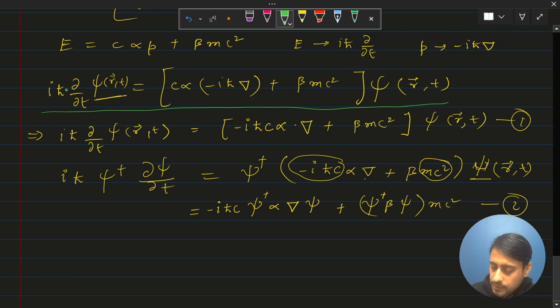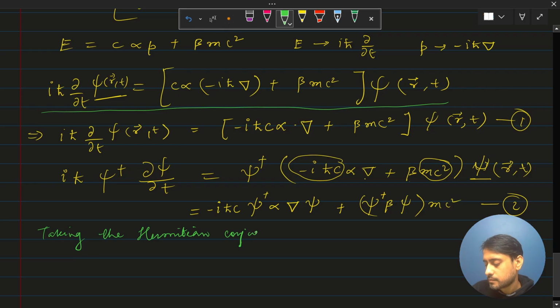So in the left hand side, taking the Hermitian conjugate of equation, this is equation 1.